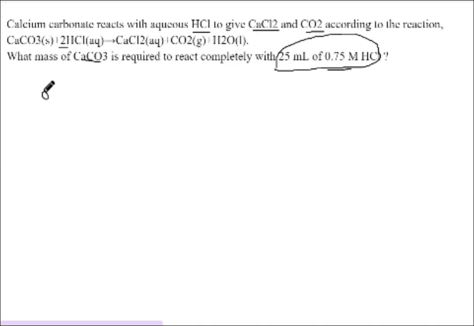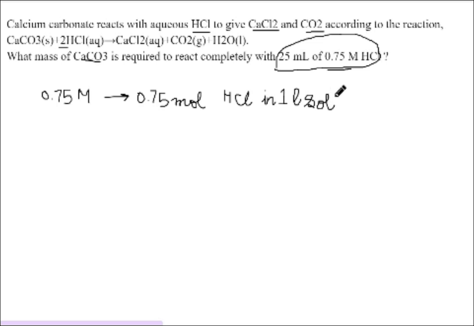Now, we know that since the concentration has been given, 0.75 molar hydrochloric acid means 0.75 moles of hydrochloric acid you are going to get in 1 liter of solution, because that is simply what the definition of molarity tells you about. That since it is 0.75 molar, it denotes the fact that 0.75 moles of hydrochloric acid you will get in 1 liter of the solution.